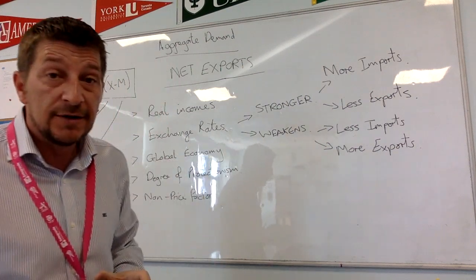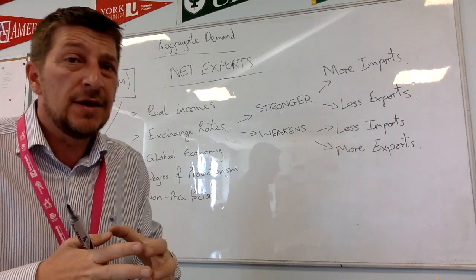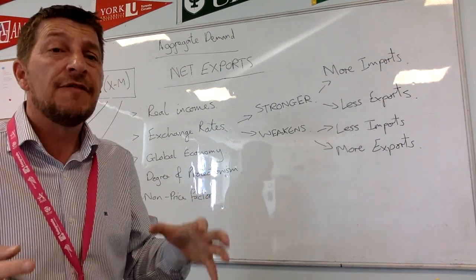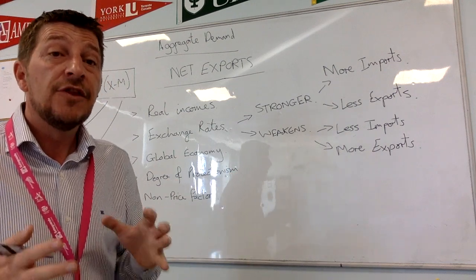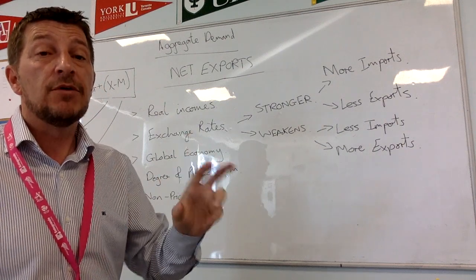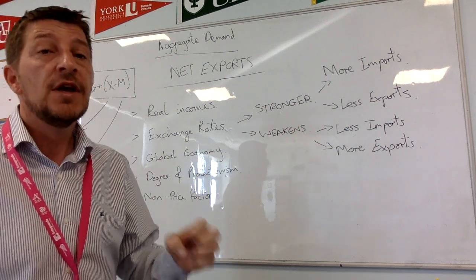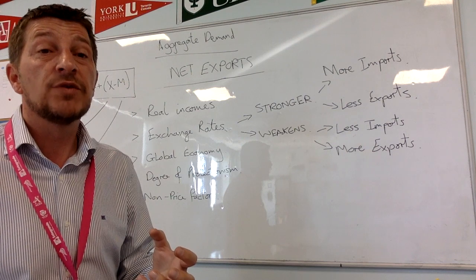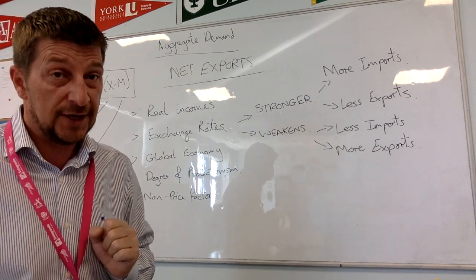If, however, there is very low economic growth around the world, if economies are shrinking, if there is a lack of confidence in the global outlook, then we will see a lot less trade. Okay, and the amount of exports from a country will probably start to fall. The amount of imports will maybe start to fall as well.